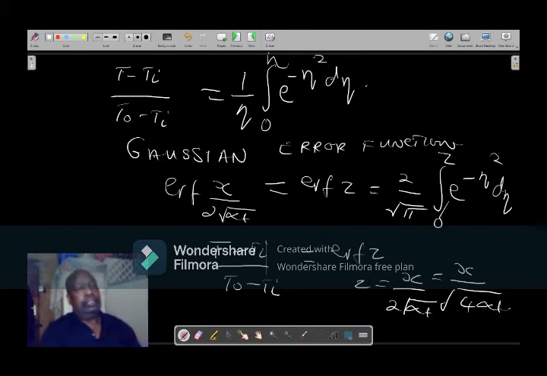So that is our error function, and we have tabulated values of error functions in our mathematical tables. So you need only the mathematical tables to solve an equation in semi-infinite solids.